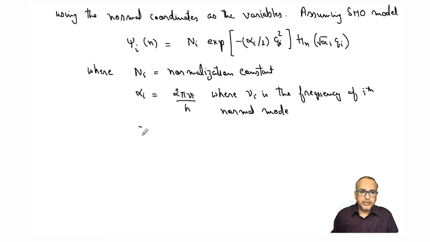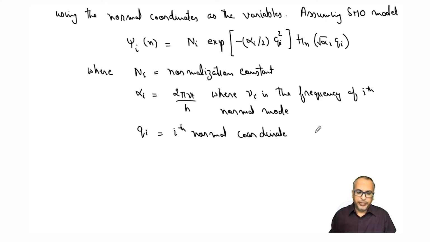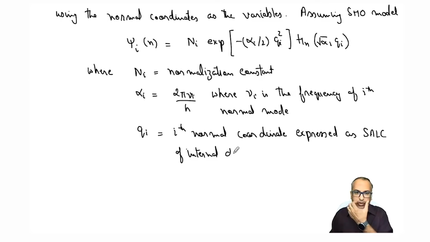So now next is qi. So qi is the ith normal coordinate. We just learned what is normal coordinate. And how is this expressed? This is expressed as SALC of internal displacement coordinates.